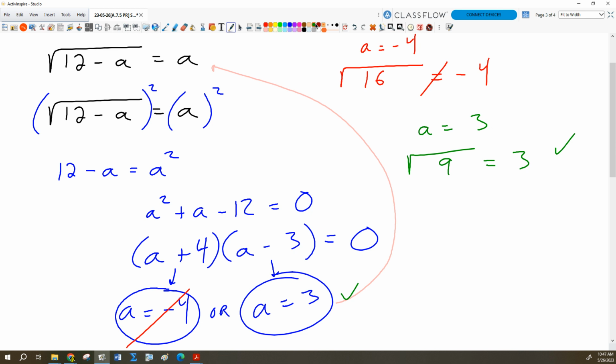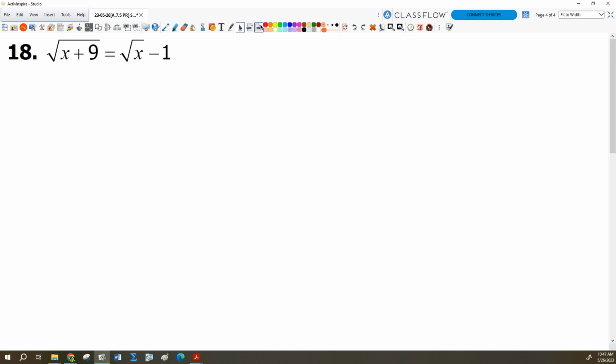Okay, all right. So, last one. This is kind of a tricky one, kind of a bonus type question. What could I do here? I've already got a radical isolated, so I would just square both sides, wouldn't I? Okay. So what's going to happen here? This is going to be a little bit weird though.